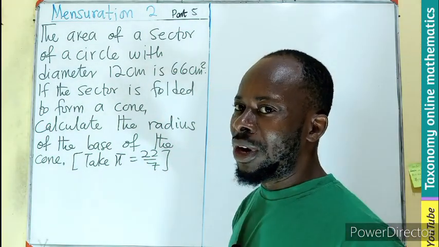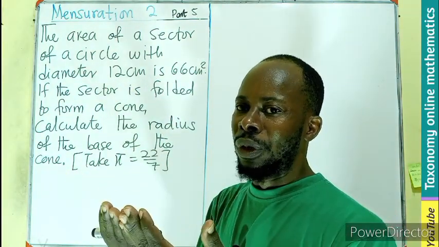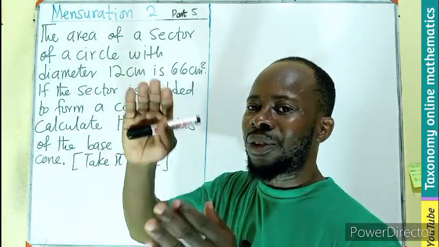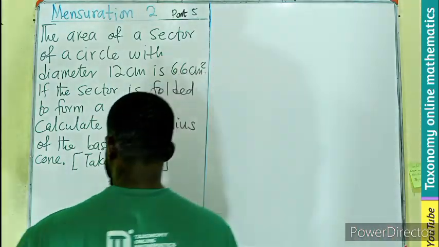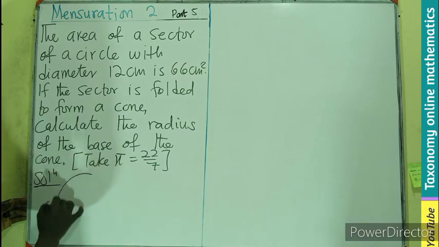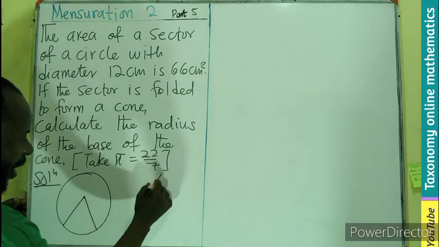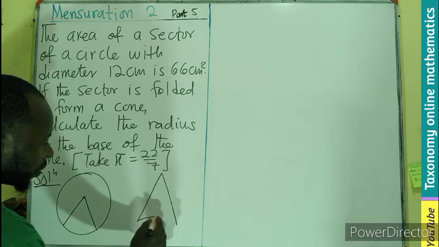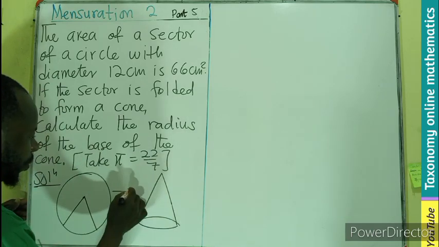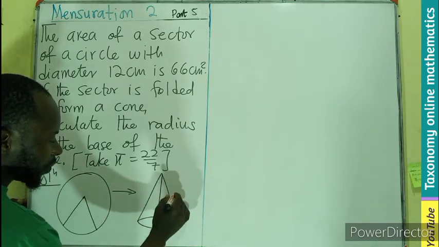Now, we know that when the sector is folded to form a cone, the slant height of the new cone, let's make a mental picture. If this is the sector and it is folded to form this cone, we have the height and we have the radius.